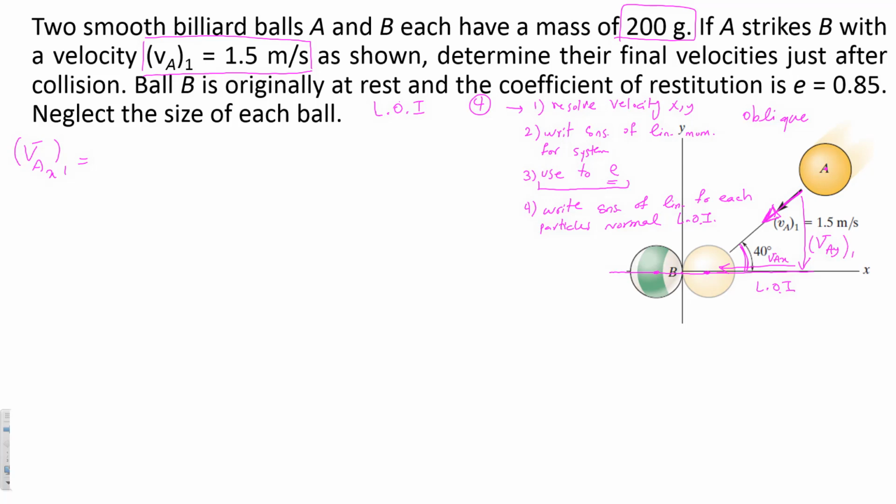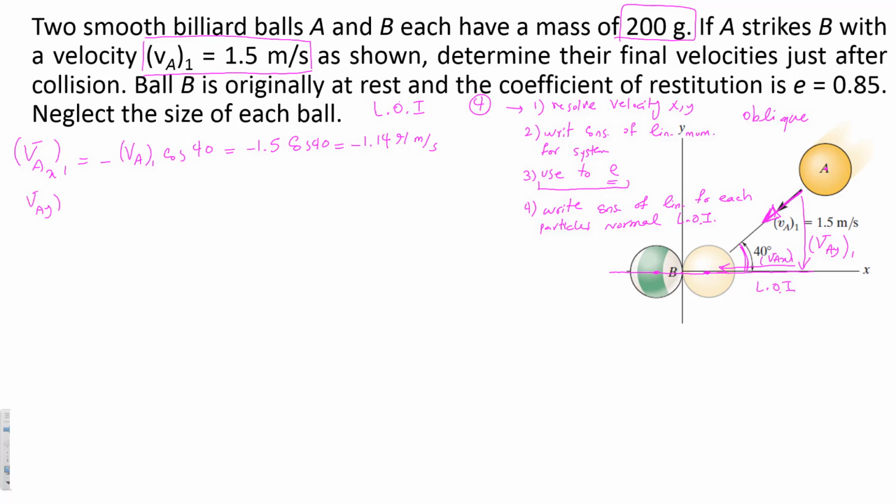VAX is in the negative i direction, so it's minus VA1 cosine 40, which is minus 1.5 cosine 40, equal to minus 1.1491 meter per second.